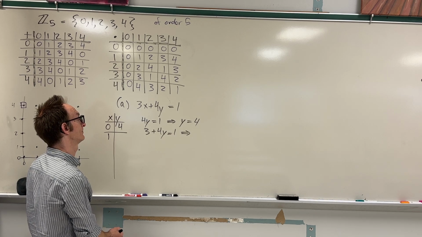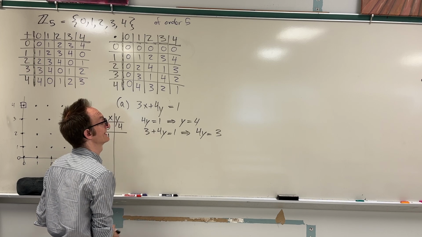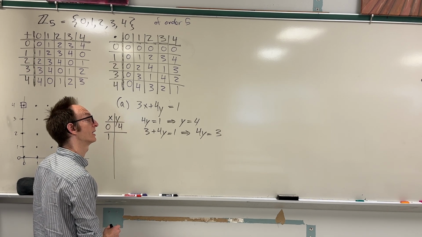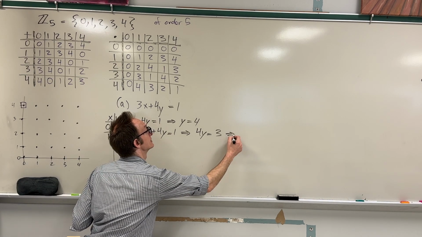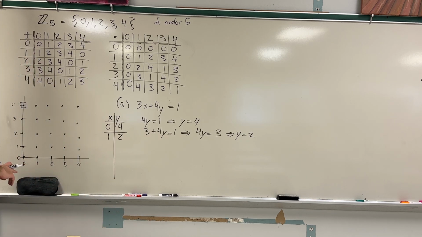So this is true if and only if 4y is 3, and what times 4 gives you 3? Answer 2. So from this we learn that y must be 2. And thus we get this point.